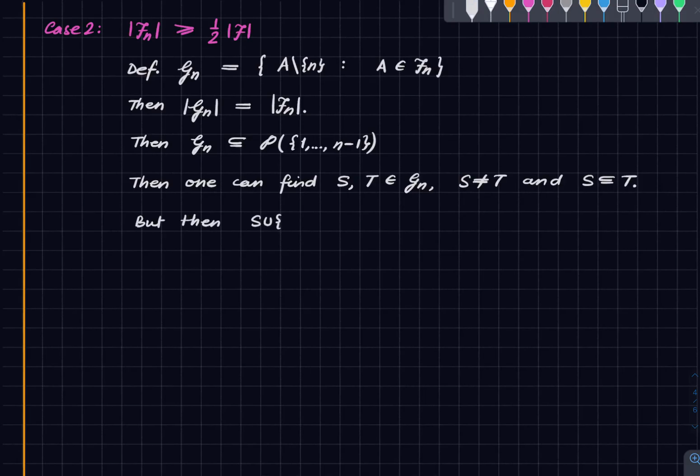Right, and now S union little n is contained in T union little n.